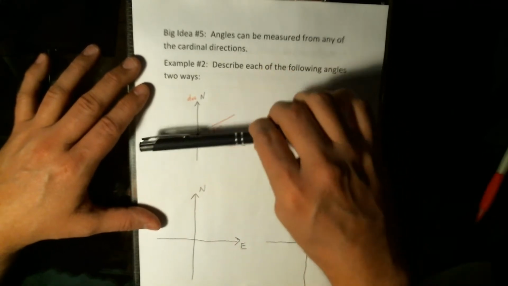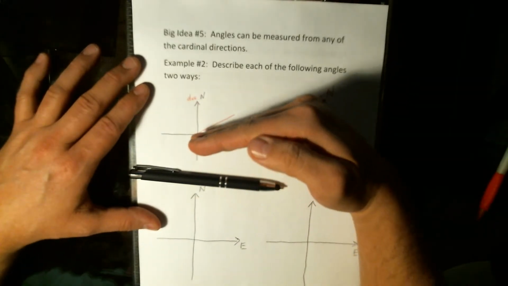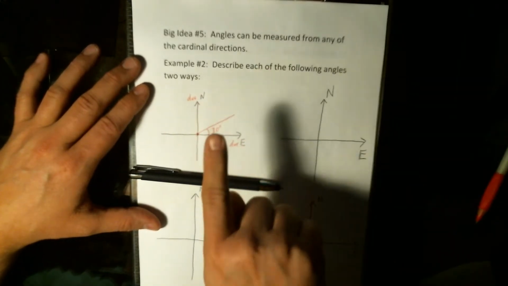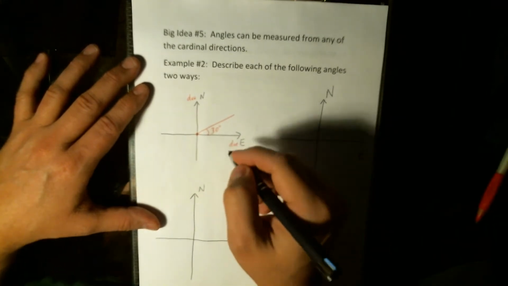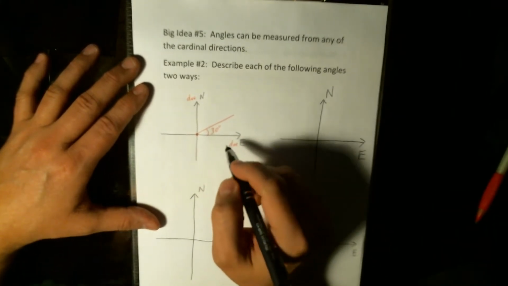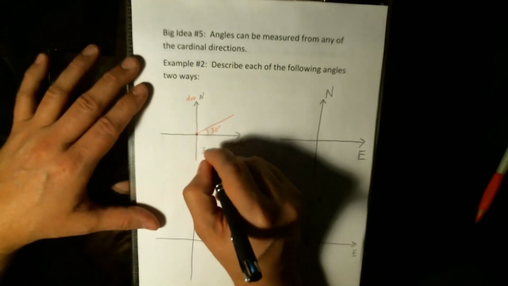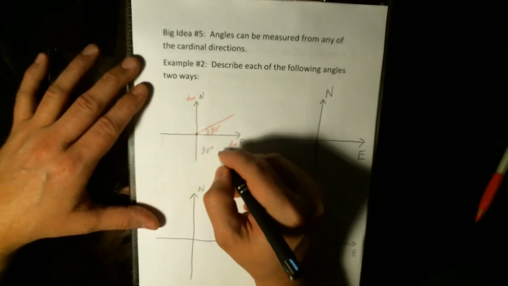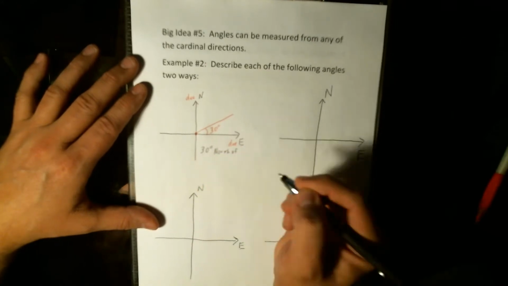So this is due east, and I'm going north in the north direction from due east. So one way I could describe this angle is by saying it's 30 degrees north of due east.